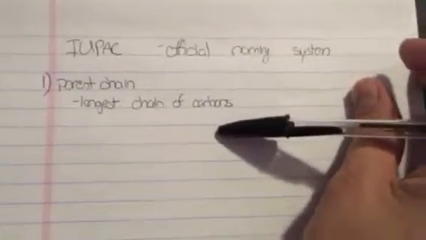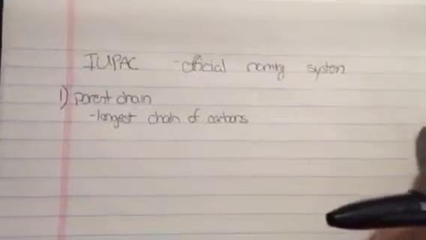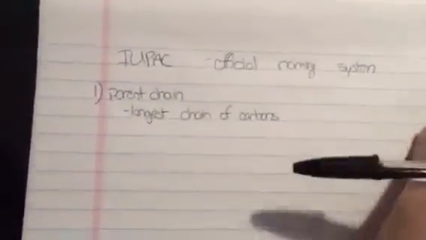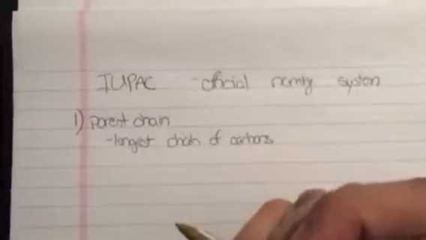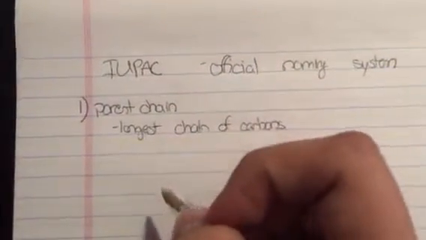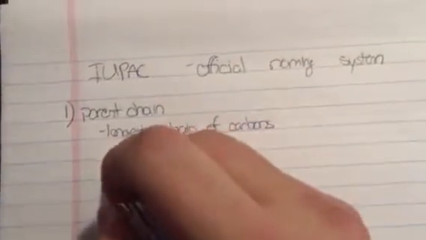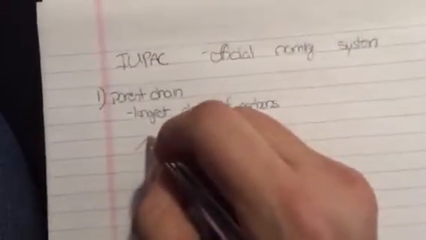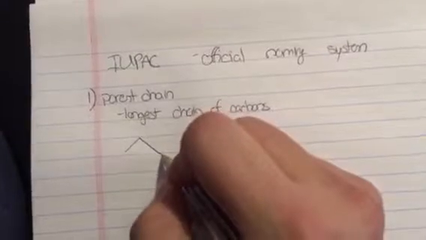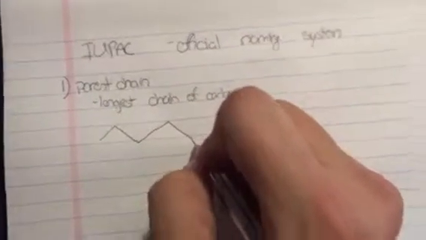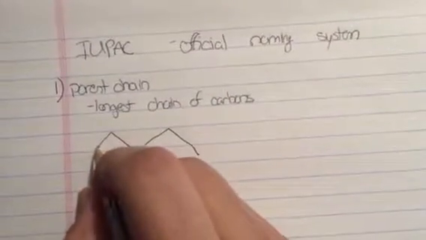Now when you're naming, the system of naming is the IUPAC, the official naming system, and it has a few basic simple rules. The first is the name of the parent chain, which is the longest chain of carbons. So if you have 1, 2, 3, 4, 5 carbons, each point is going to be a carbon.